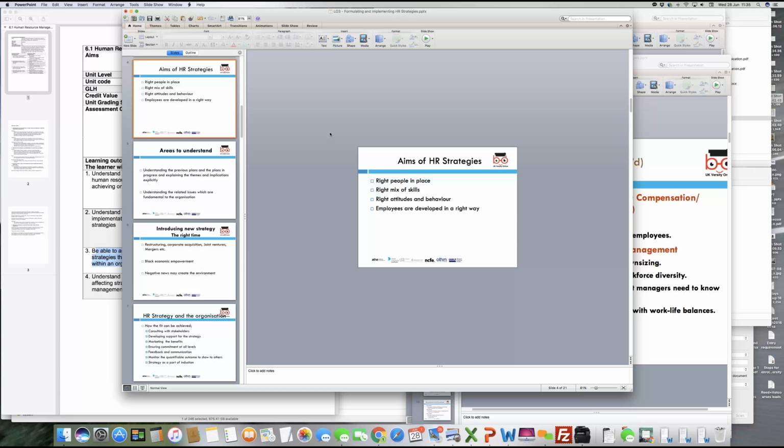So HR basically looks at, because they have to form these strategies, they have to identify the right people for the right places or right jobs. Okay. They have to look at a mix of skills. They have to imagine that if the person is in this particular role, he can get this kind of responsibility, and that responsibility can stretch to this particular angle. An example here would be a person at the reception. The receptionist normally deals with visitors, handing out passes and making sure people sign in and sign out.